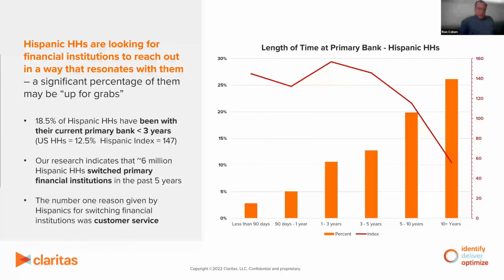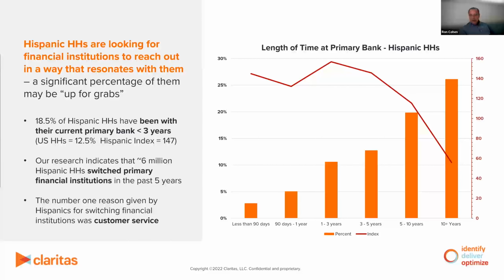So, what else can we say about Hispanics and their banking habits? Well, clearly they're looking for a bank to reach out to them and speak their language in more ways than one. 18.5% of Hispanic households have been with their current bank less than 3 years, as compared to 12.5% for the US. That's 50% higher.